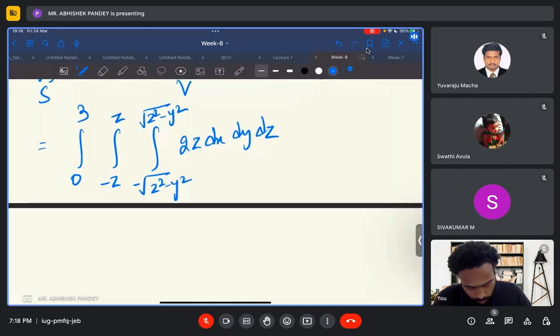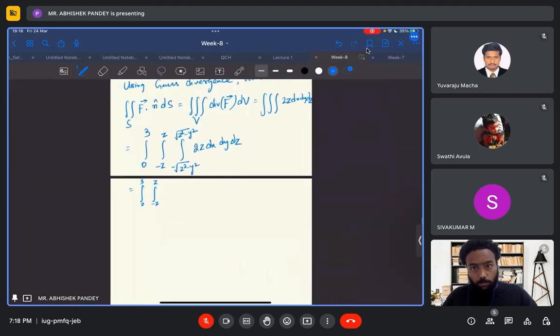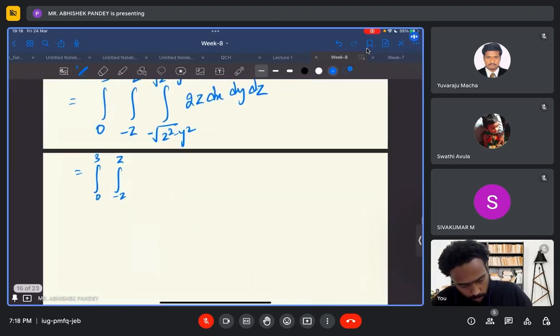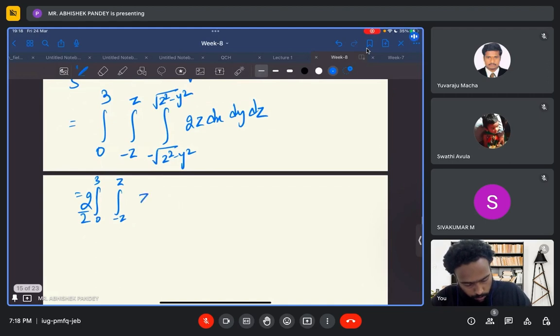So this will be the integral 0 to 3, minus z to z. Okay, so this is now 2 by 2 z square. So this will be z square minus y square minus z square plus y square dy dz.